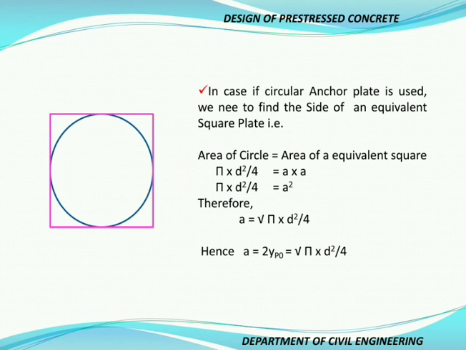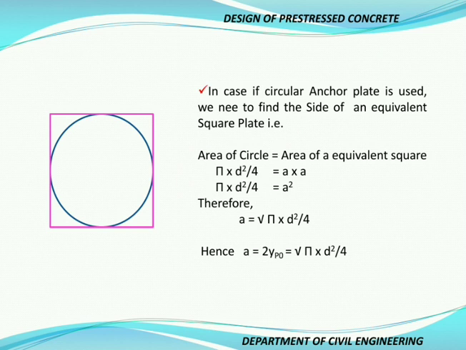This is the equivalent side of a circular arrangement which we assume for the analysis. This A will be nothing but 2yp0, as we saw in the previous figure, that is the length of the bearing plate. So we get the length of the bearing plate as the side of the square, equal to square root of pi d square divided by 4. This is the equivalent side when a circular arrangement is provided for post tensioning.